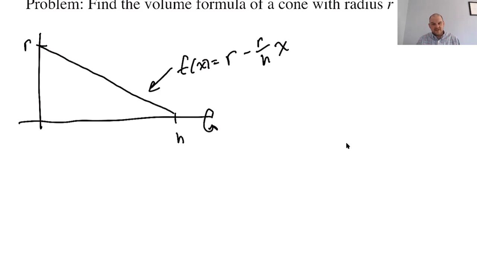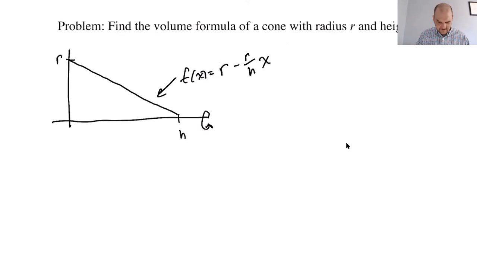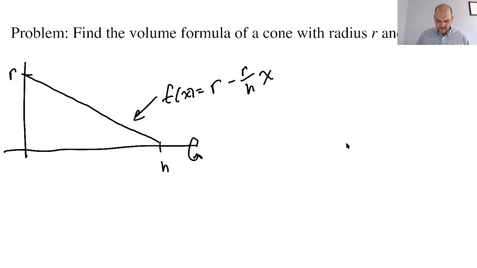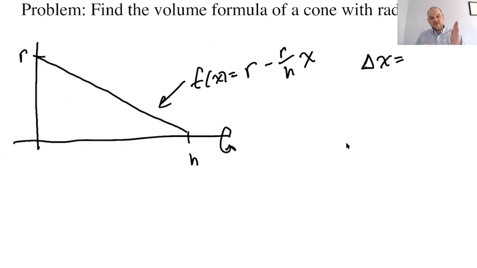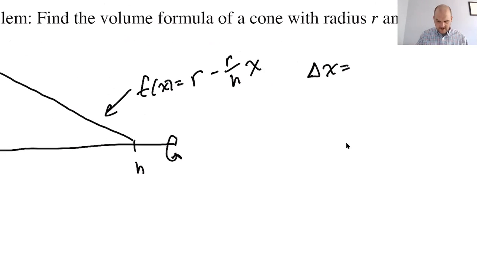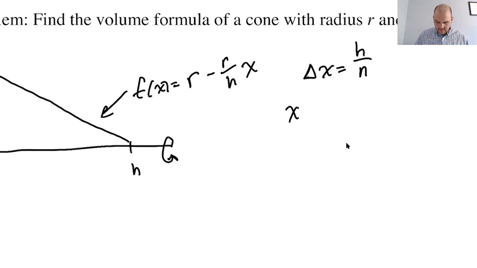This is the worst case scenario. They're all here just waiting for us to make some small mistake. All right, I need a delta x, which is how far I go along the x-axis. I go from 0 to h, so it's going to be h over n. And then I need an x sub i.